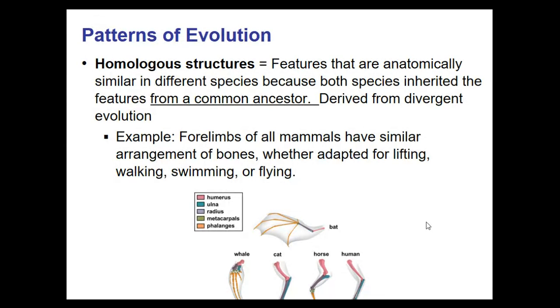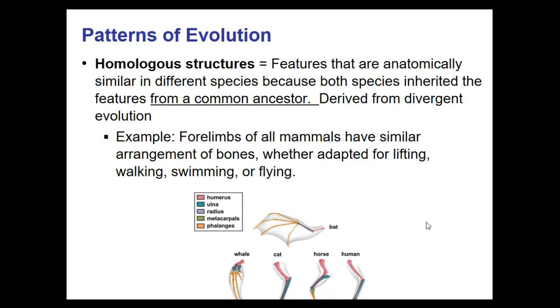Same with the hand and finger bones. Even in the wing of a bat, those long, slender bones that support the wing, those are the bones in your finger. They're just longer and different. So all these mammals, here a bat, a whale, a cat, a horse, and a human, they all have the same or similar bones in their forelimbs.